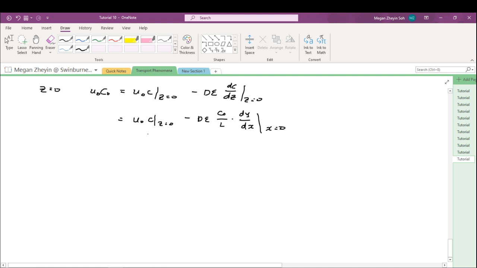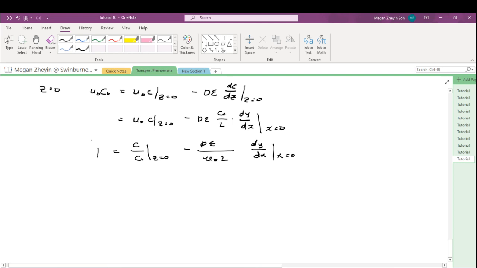Right, so we divide everything by U0 C0, and this one becomes 1, equals C over C0 at z equals 0, U is cancelled, minus dE over U0 L dy/dx at x equals 0.